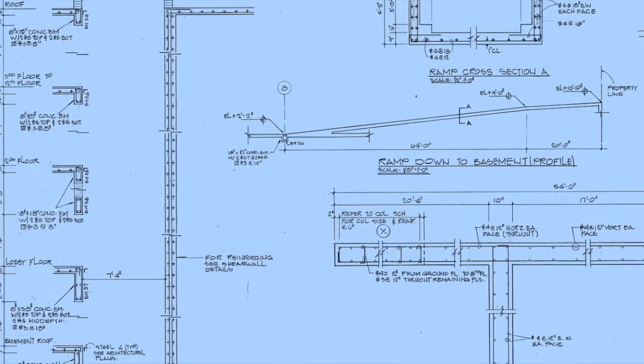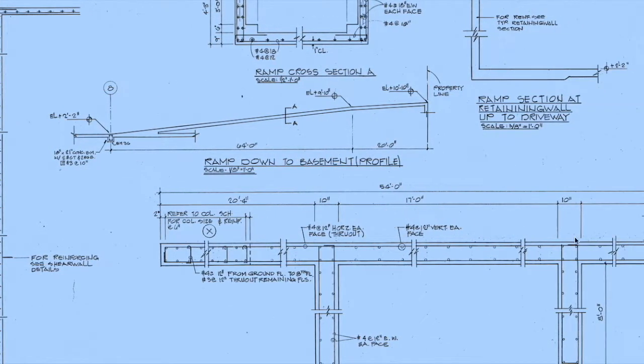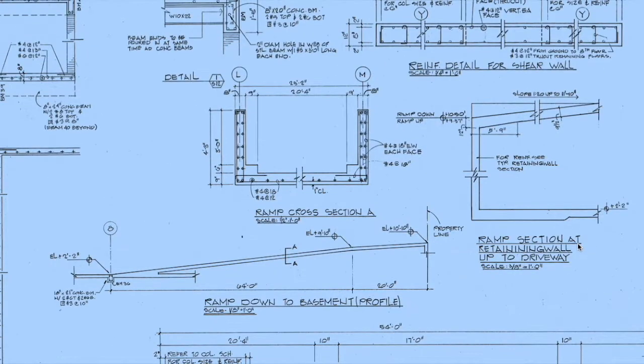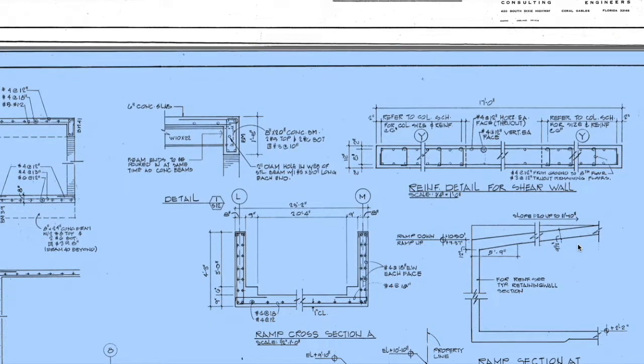Moving over, hold on. This is also 12 inches thick. But this now has that 10-inch return, 8 foot back, with reinforcements and rebar that's tying it in all the way out.